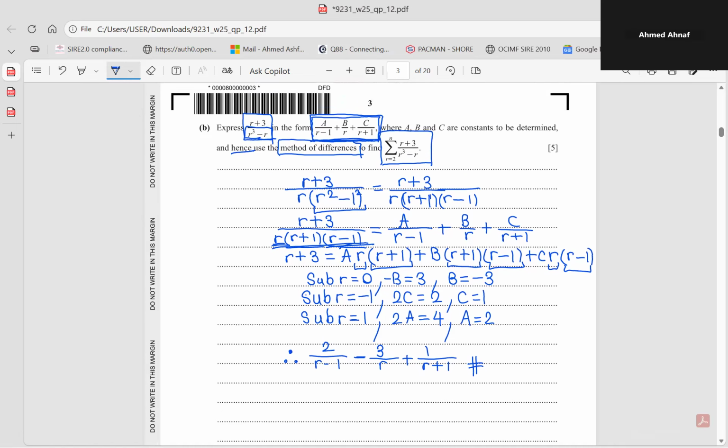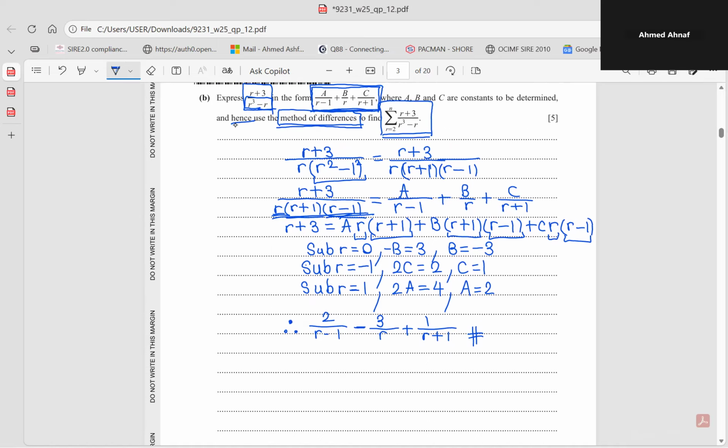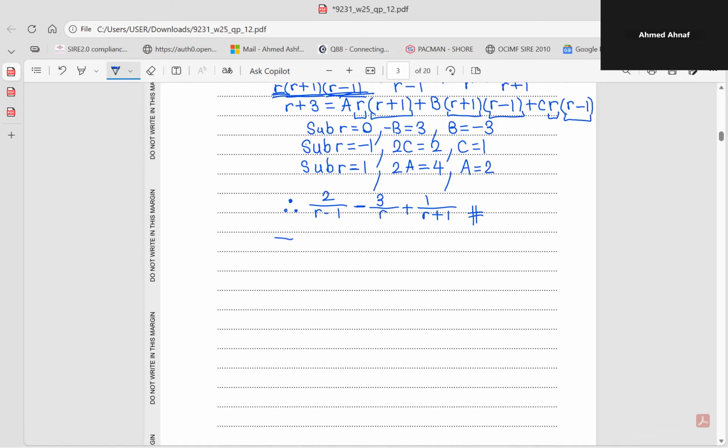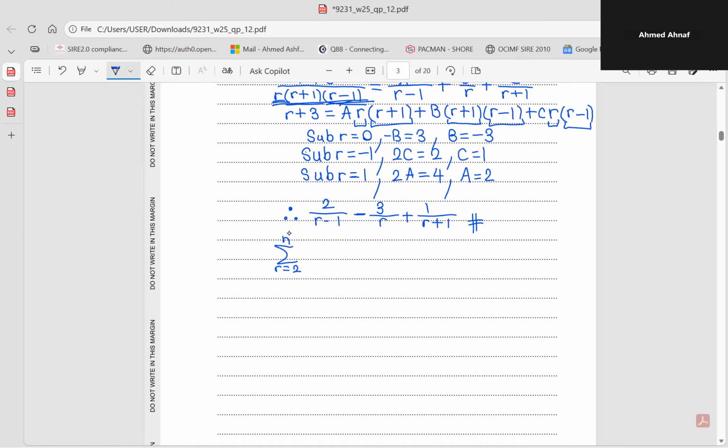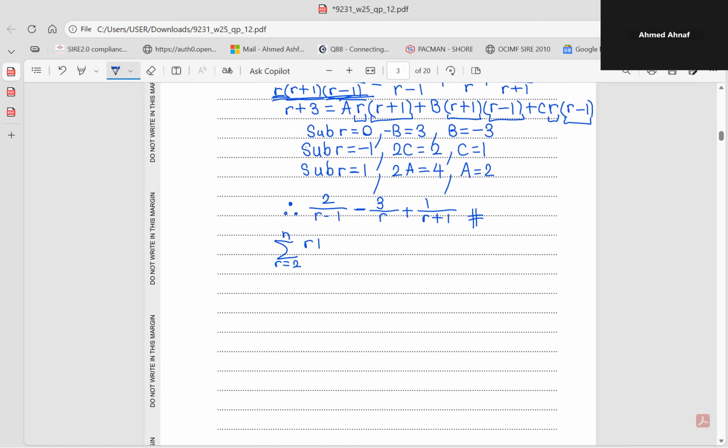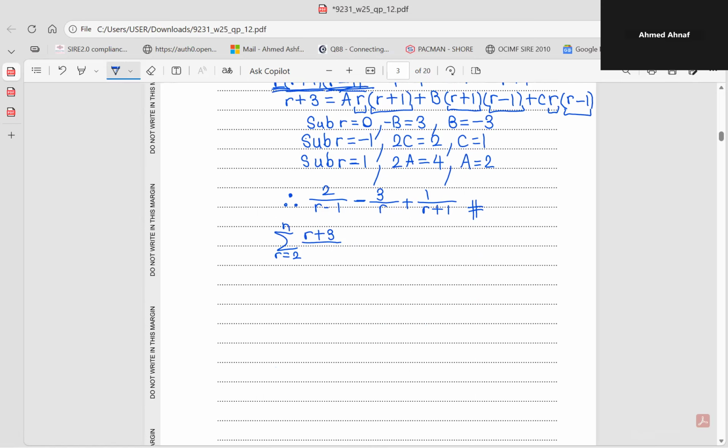And now we're going to do the second part, which is to use the method of differences to find this summation. Okay, so yeah, they use the word hence. You definitely need to use this answer. So let's copy down the summation. r plus 3 over r cubed minus r equals.